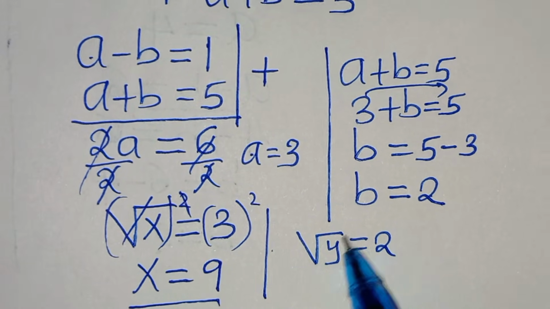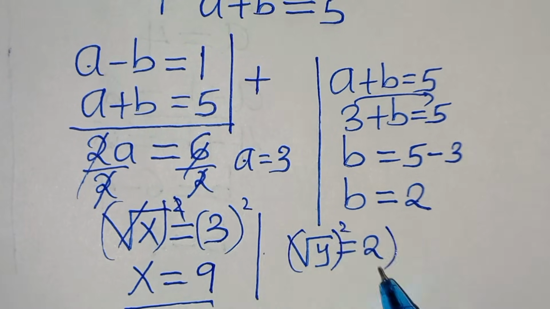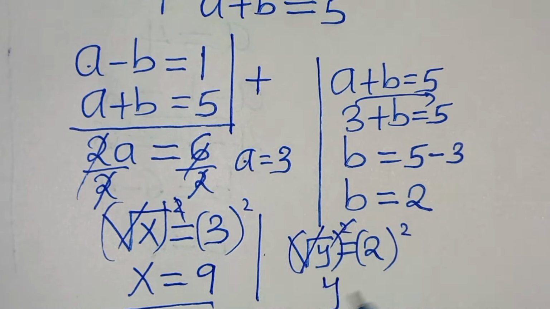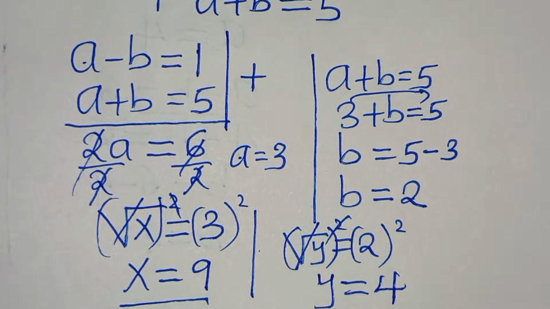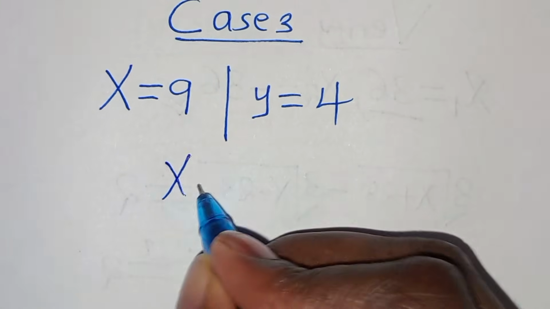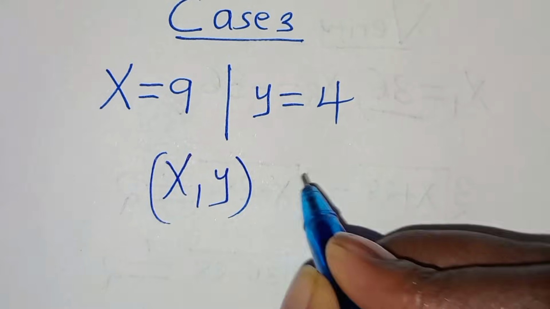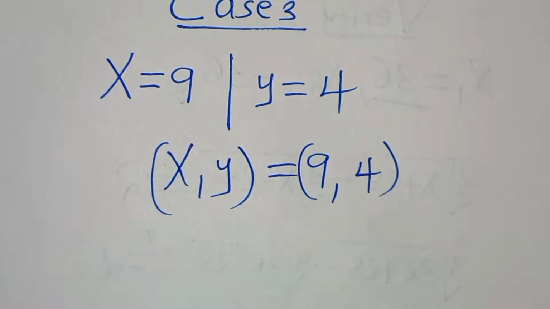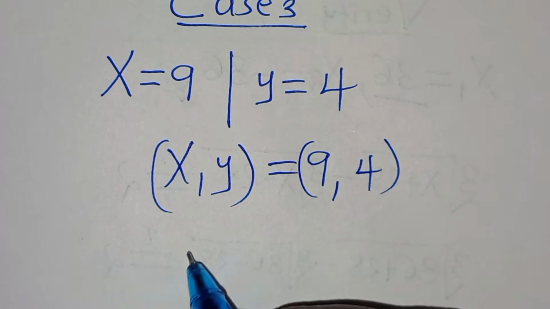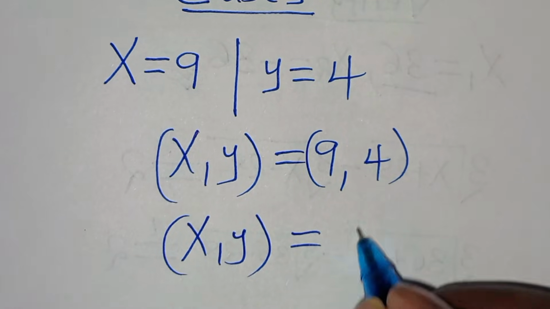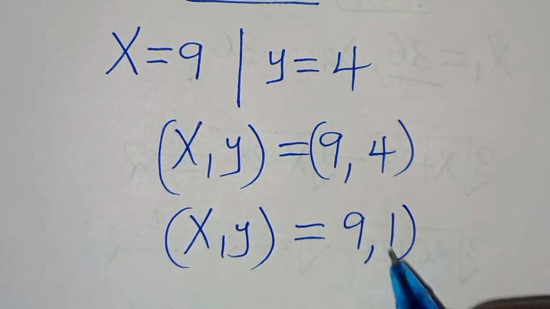And here we have square root of y to the power of 2, so if we square here, we have y is equal to 4. Now in case 3, we have x comma y is equal to 9 comma 4. And in case 1, x comma y is equal to 9 comma 1.